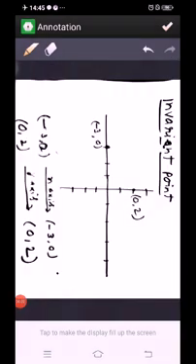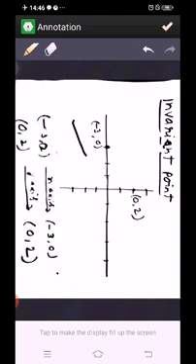Now invariant points. The points which are the image of themselves. When any point is reflected in any axis or line, and we get its image same as the point, then the point is invariant in that axis or in that line.